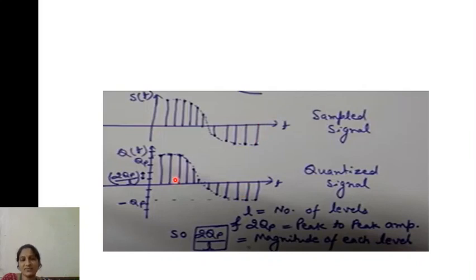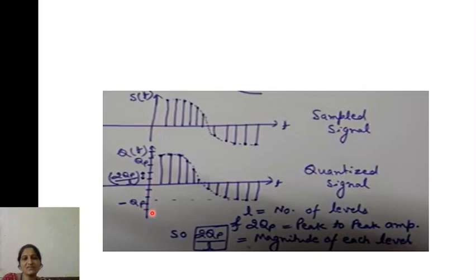So what is the meaning of quantization? Quantization means you need to divide this amplitude. This is the amplitude here. QP is the positive peak and minus QP is the negative peak. And this amplitude is to be equally divided into parts.